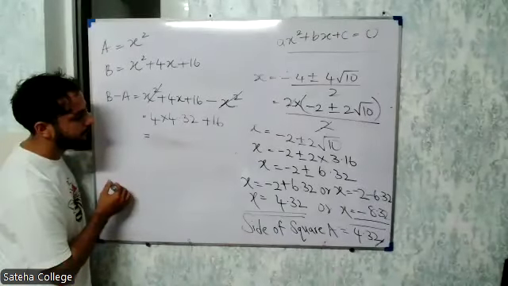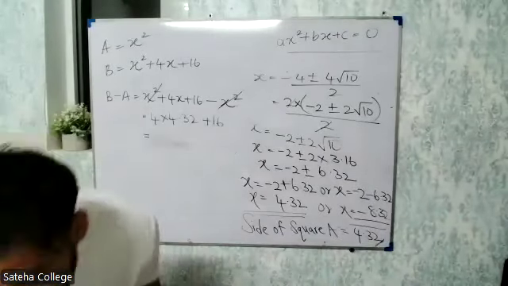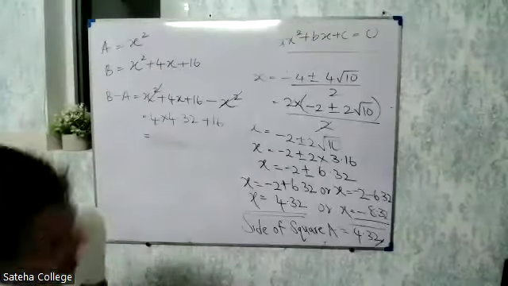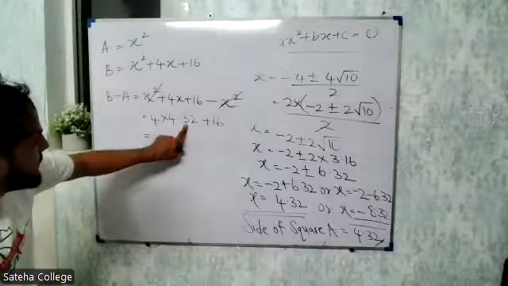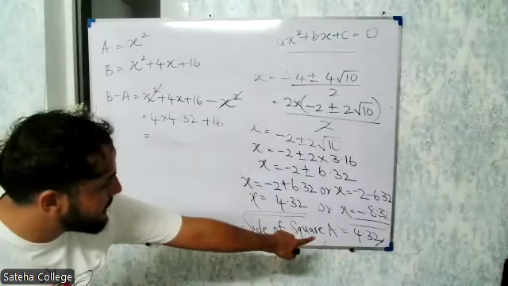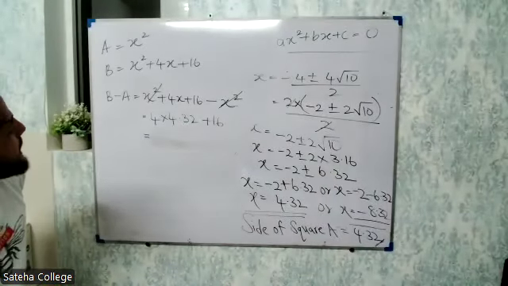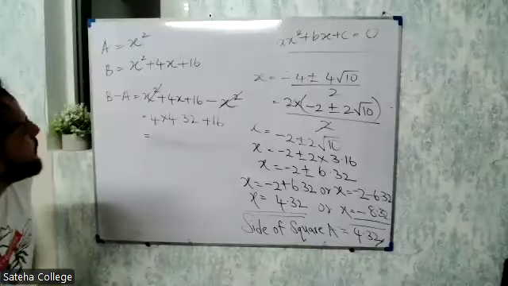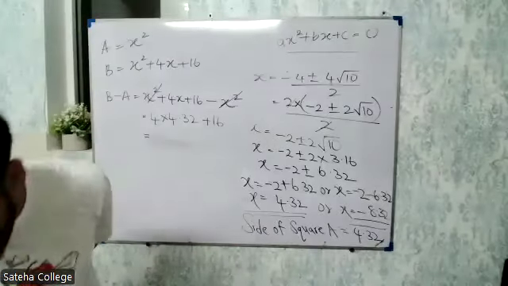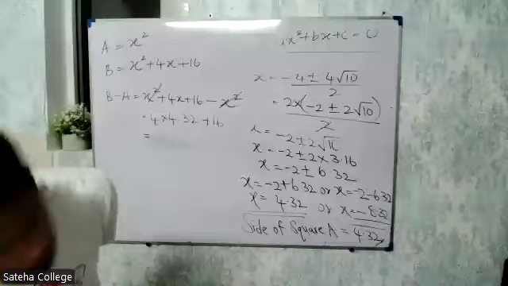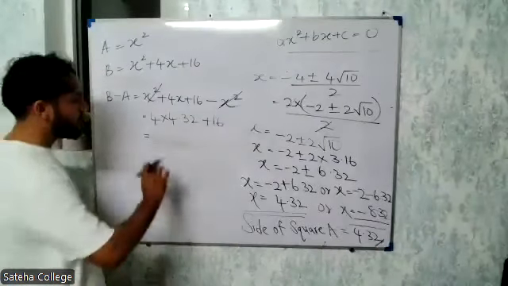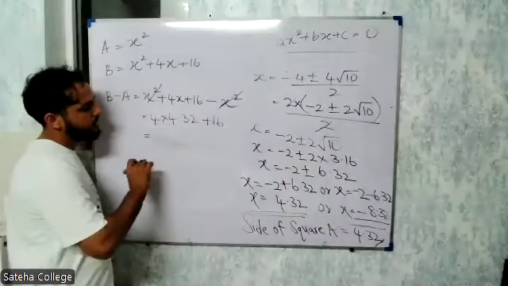Why did I write 32? 4.32, that is the side of square, the x value, right? We found the x value, 4.32.